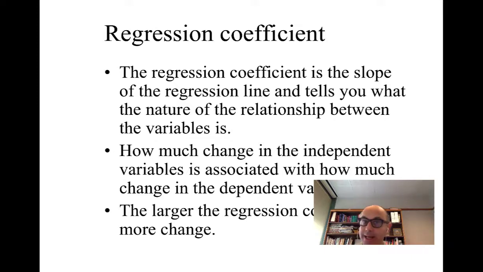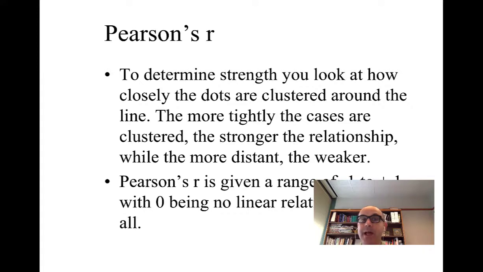Again, as you can see, I'm repeating the independent versus the dependent variables in that regard. Pearson's r is one of the key formulas for us to measure those relationships. It is a scale that usually runs from -1 to +1, where 0 is no linear relationship between the two variables.